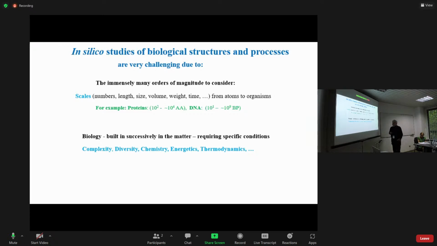And it requires very specific conditions, so it's very complex, diverse, and there's so much chemistry and energetics and thermodynamics, etc., etc. And finally, in silico studies, it's completely beyond reach life itself, self-organization, and so on. But we can try, at least on this point, to do modeling.